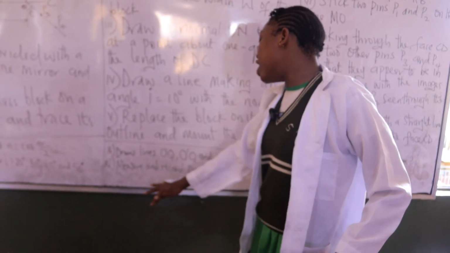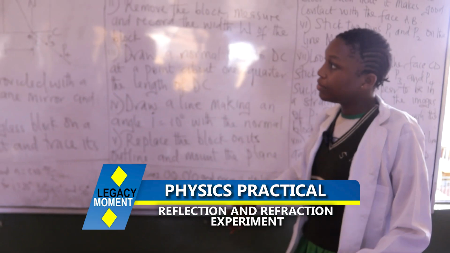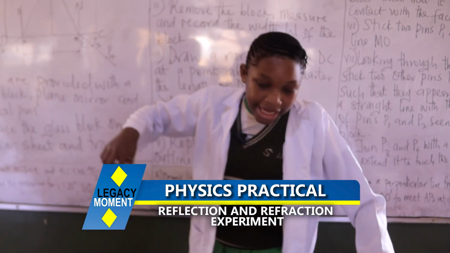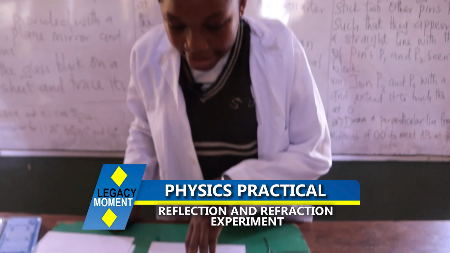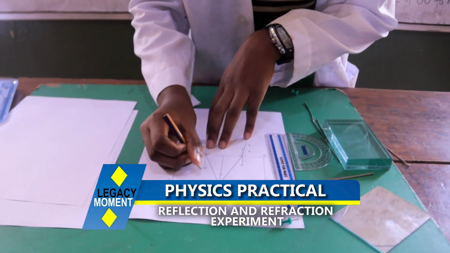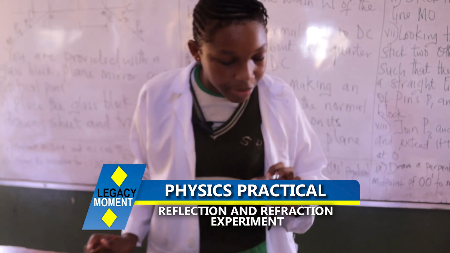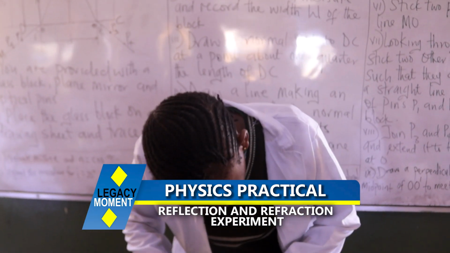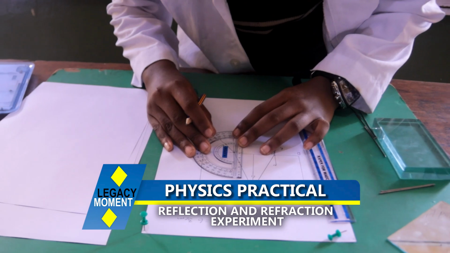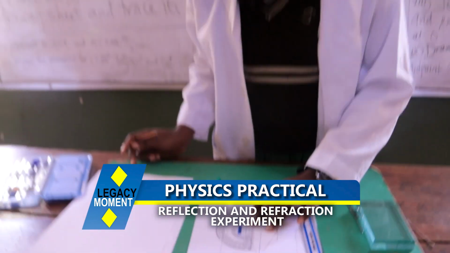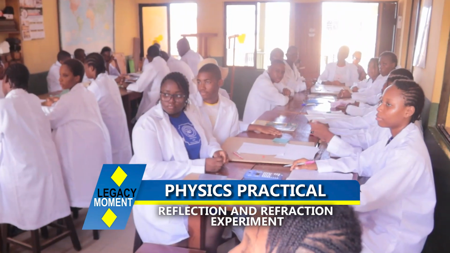So we have to measure and record theta, E, and D. So for E, that's the angle between the line N prime and P3 and P4. So I'm going to use my protractor to measure that. And for that, I have to draw my table.